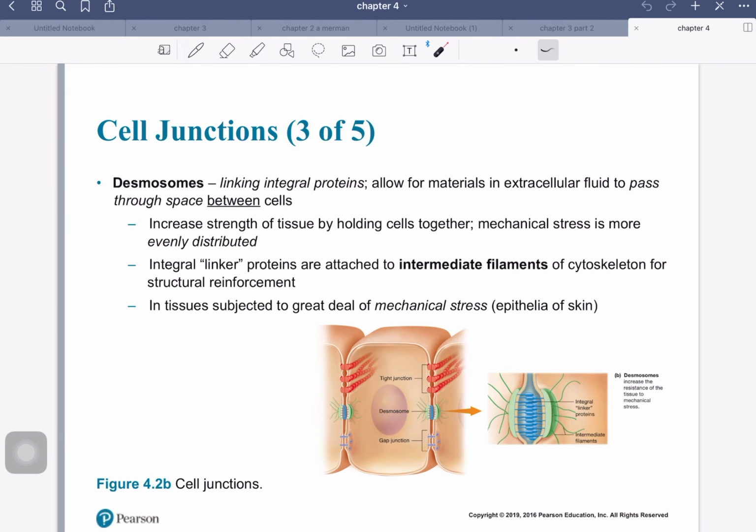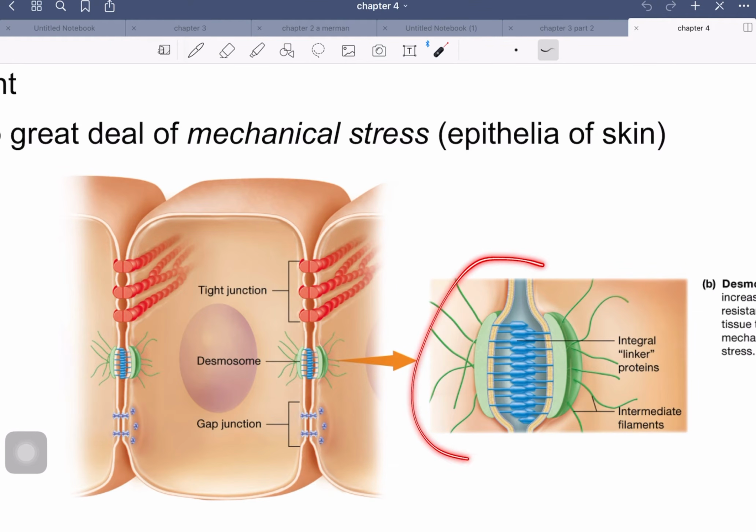Now let's look at desmosomes. Desmosomes are linking integral proteins, and they do allow materials in the extracellular fluid to pass through the space between the cells. Here's a desmosome right here. You can see that here's one cell's membrane, here's the other. So you can see that we have quite a structure.